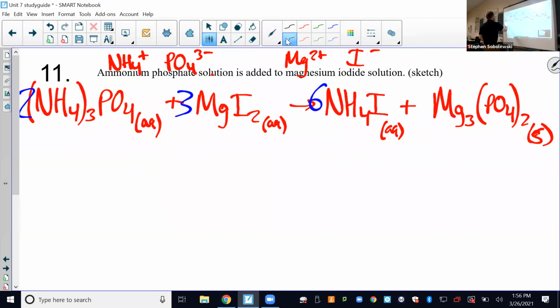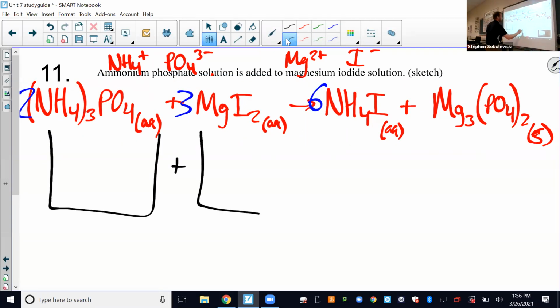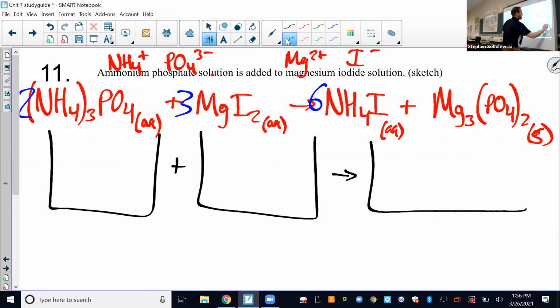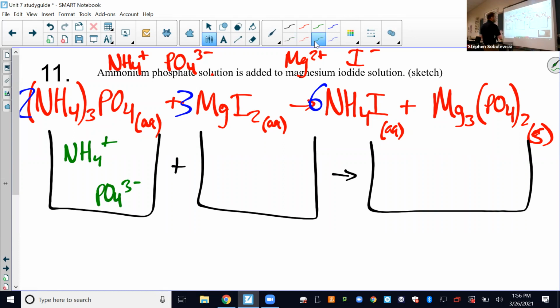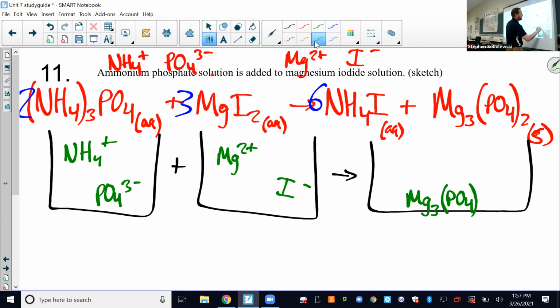All right, beaker number 1 plus beaker number 2, beaker number 3. Ammonium is NH4 with a plus charge. Phosphate is PO4 with a 3 minus charge. Magnesium is Mg2+. Iodide is I minus. Over in this products beaker, I have my solid Mg3(PO4)2 at the bottom, settled out.